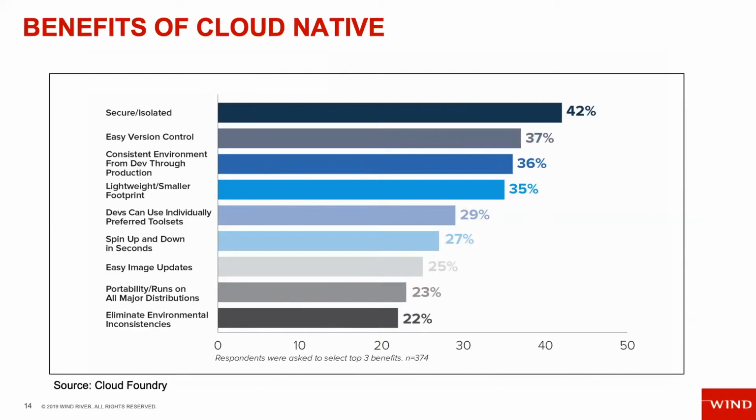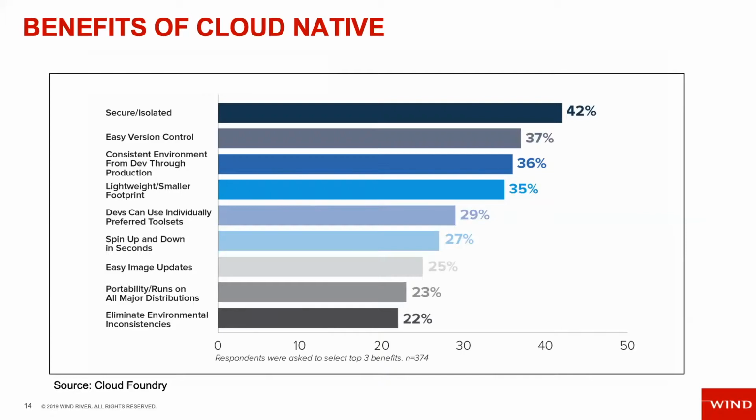But if you look at these functions and you abstract it up, you'll notice that there's really 3 or 4 categories or topics within this. One of them is operations and deployment. So version control, spinning up in seconds, doing easy image updates.